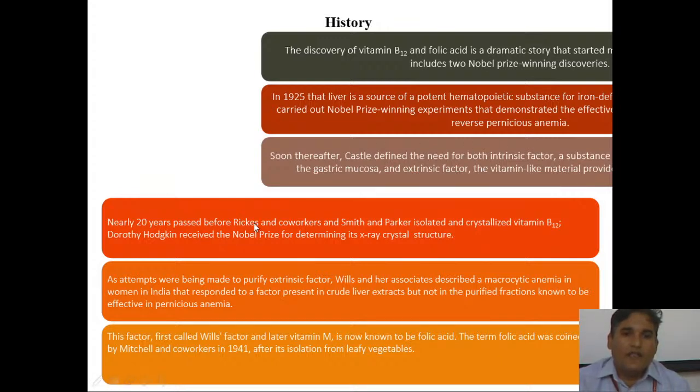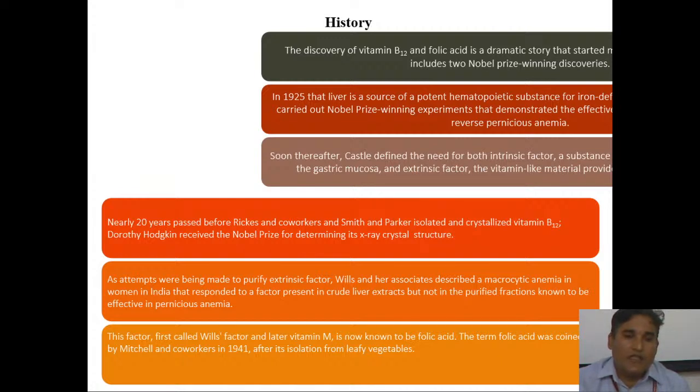And after 20 years, it was Rees and co-workers and Smith and Baker who isolated vitamin B12 and found out its X-ray structure, and also got the Nobel Prize.